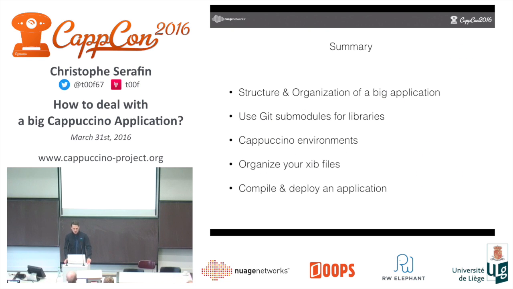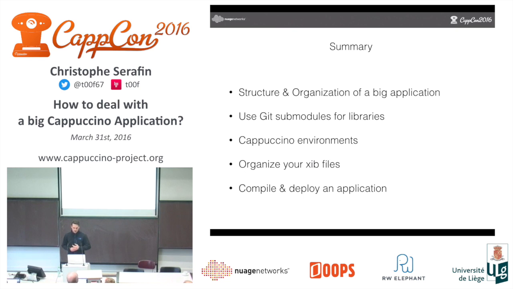To sum up my presentation, I will speak about the structure and the organization of a big application. It's always a good way to think about how to architect your application. We'll speak about Git submodules and see how useful they are for libraries. I will have a quick step with the Cappuccino environment, to go a little bit deeper than what we said this morning.